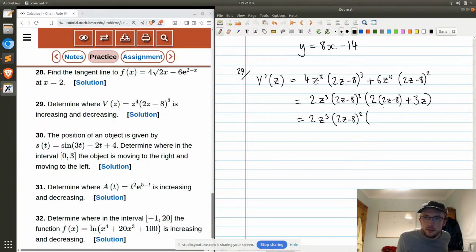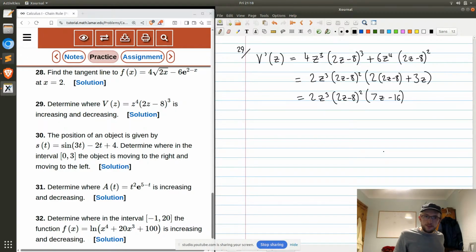Square it. Multiply it out. So we have 4z, add 3z, so 7z minus 16. Now we have a derivative which is all nice and factorized for us. What kind of a derivative would this be exactly?